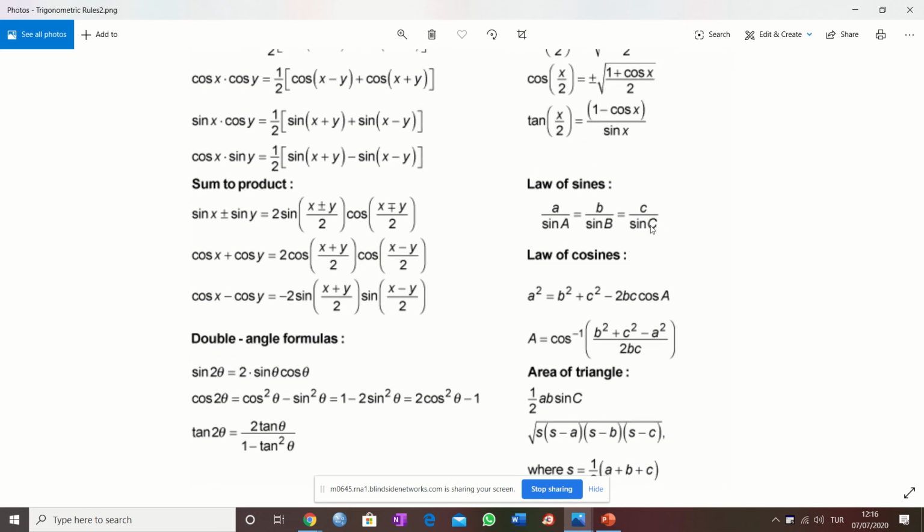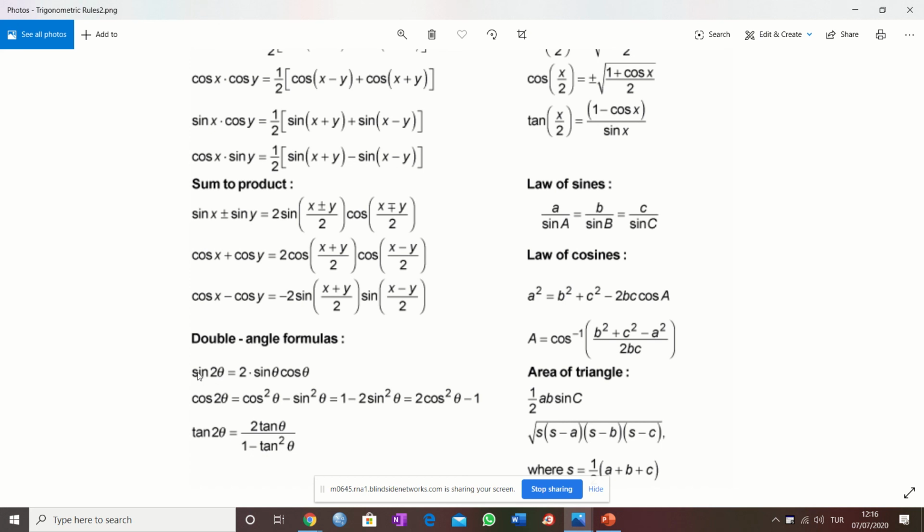There is the law of sines. These were also in the high school subjects. And the law of cosines, double angle formulas. You can see there are lots of formulas for double angles, 2 theta.